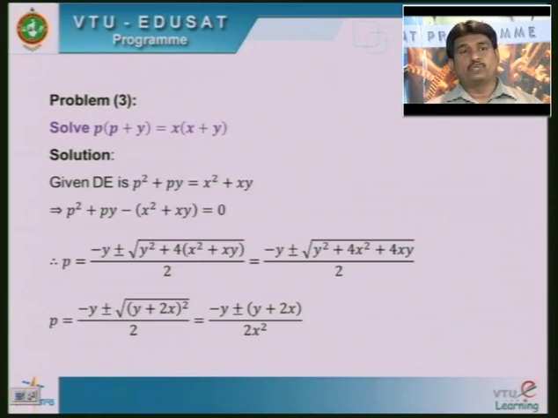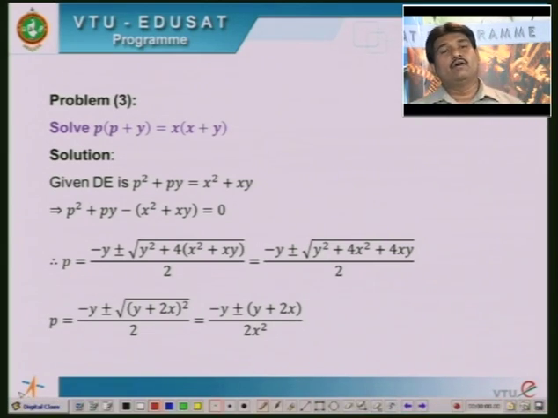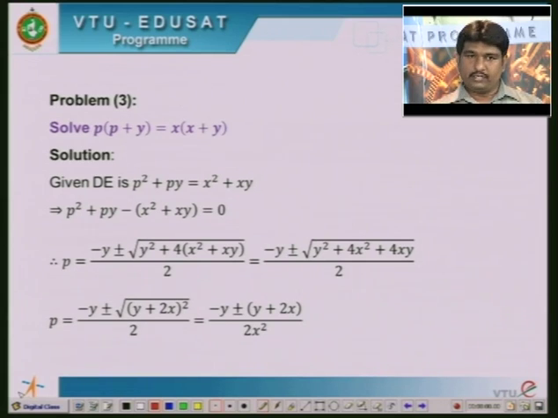Now, problem number 3, solve p into p plus y equals to x into x plus y. This is first order and a higher degree differential equation. Degree of the differential equation is 2, p square term, and it is solvable for p because it is quadratic equation.